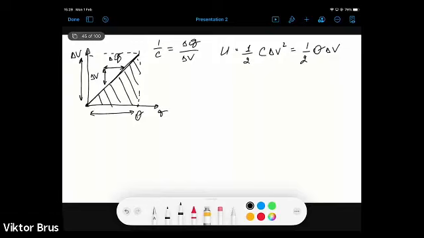So it will be the area under the linear dependence between potential difference and accumulated charge in the capacitor. So this is the definition of potential energy accumulated in an electric capacitor.